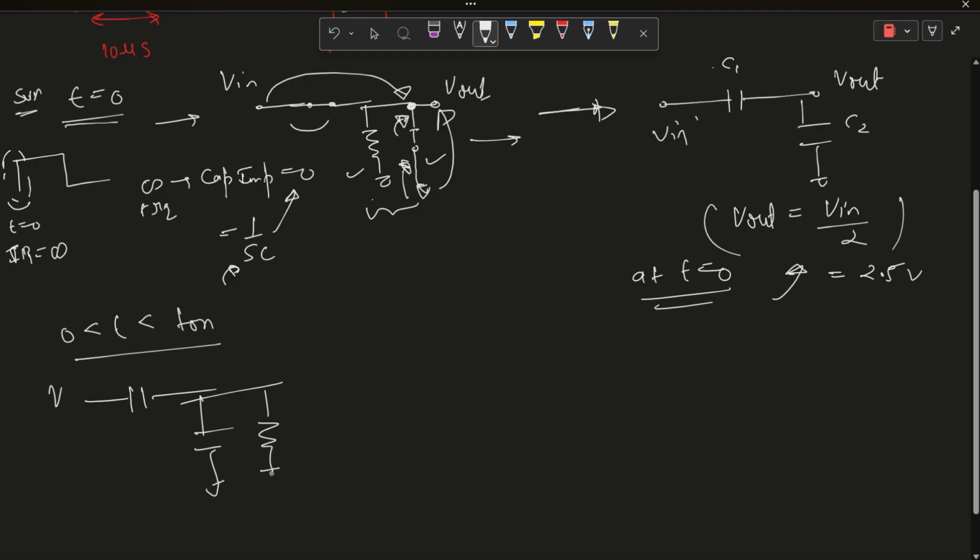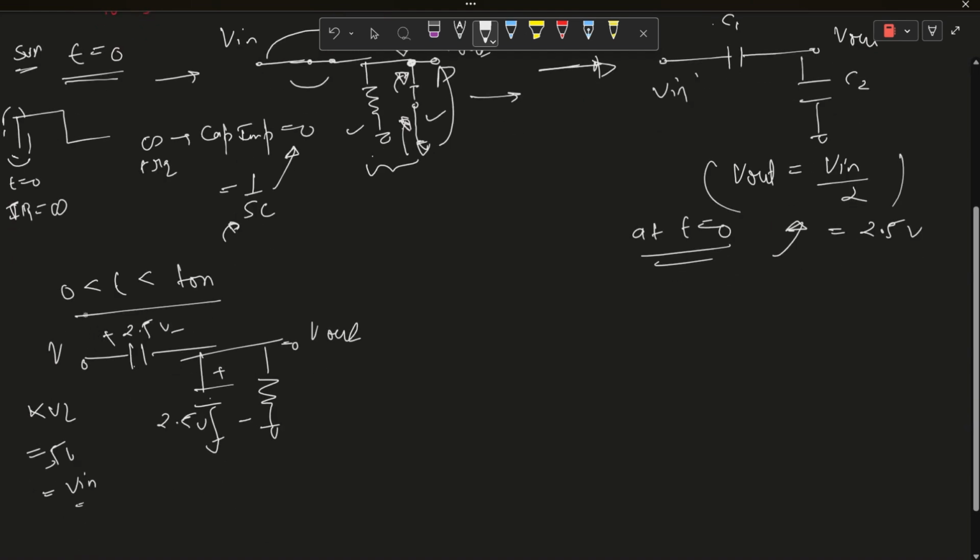There is a resistance, and this is V out. There is 2.5 volt plus 2.5 volt. This satisfies the KVL, because 2.5 plus 2.5 gives 5 volt, which is equal to V in.